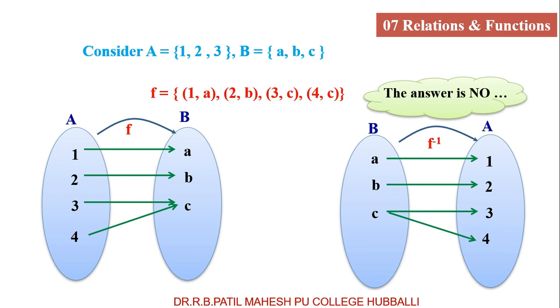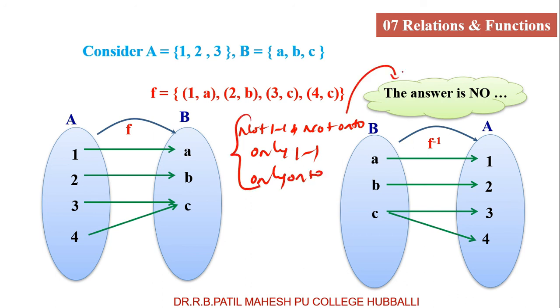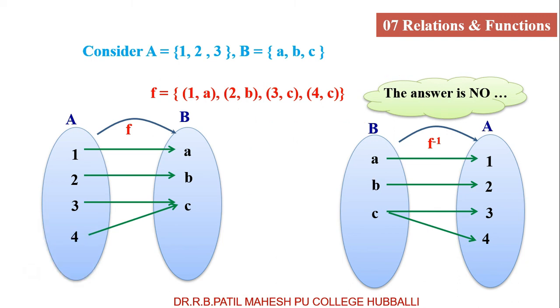Try to understand. If the function is not 1-1 and not onto, if the function is only 1-1, if the function is only onto, for these 3 types of function the answer is no. Means for these types of functions the inverse does not exist. Then for which type of function does the inverse exist?